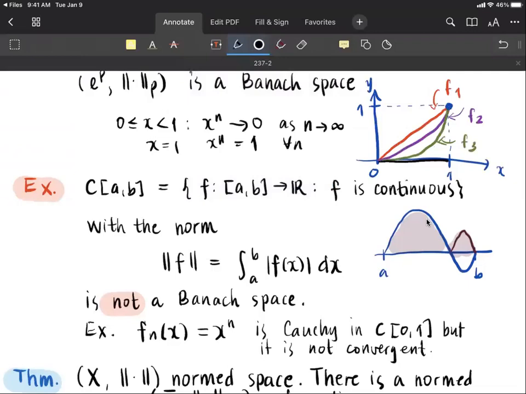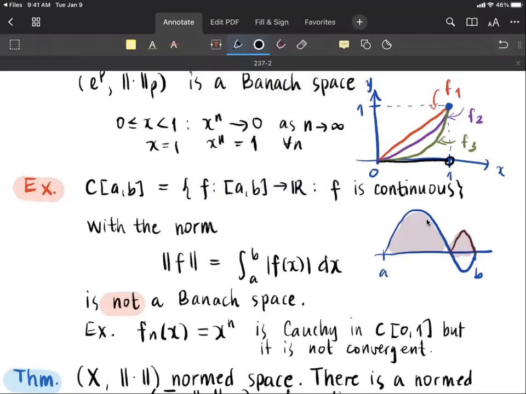So everywhere else on the closed interval [0, 1], the candidate limit seems to be this function. So 0 except at the value 1, and at 1 the value is equal to 1. So take note here that the candidate limit is not continuous.